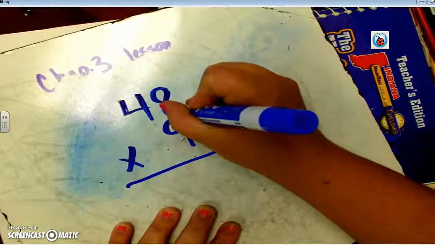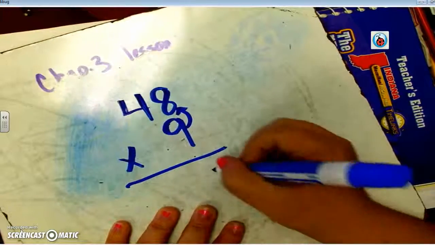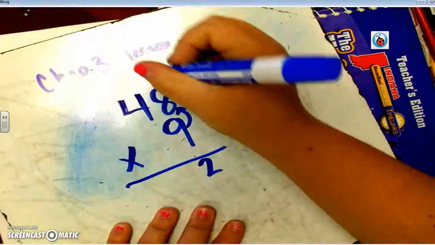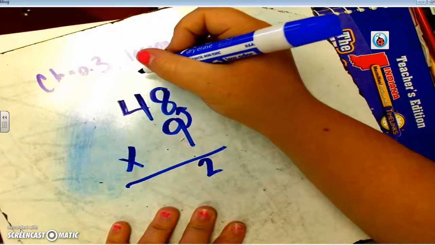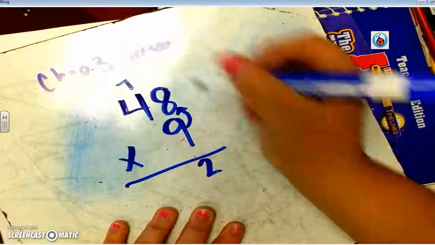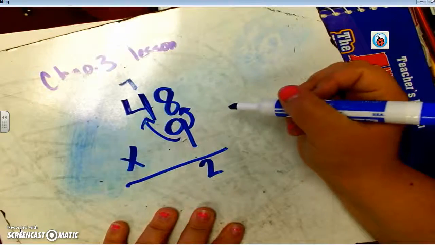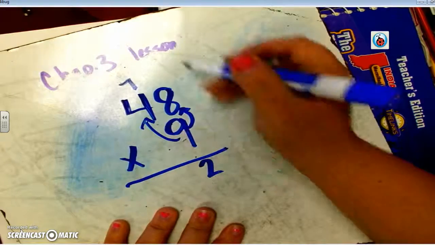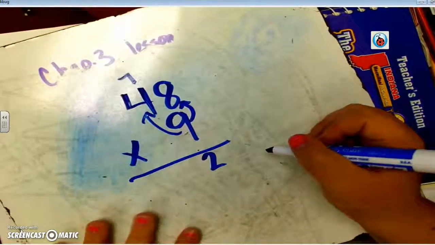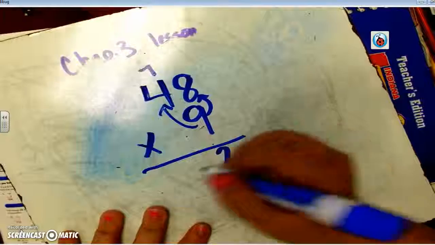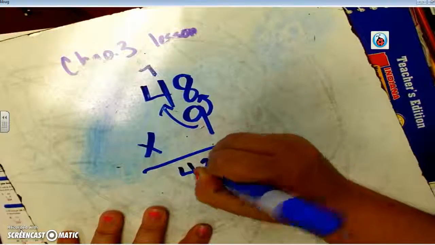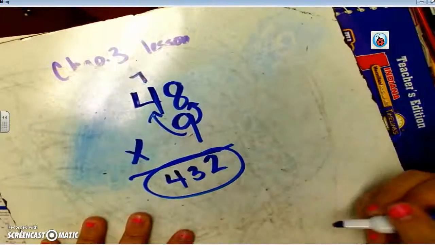So I take 9 times 8, which is 72, put my 2 down, and I carry my 7. Then I take 9 times 4, which is 36 plus 7, 43. And I get a product of 432.